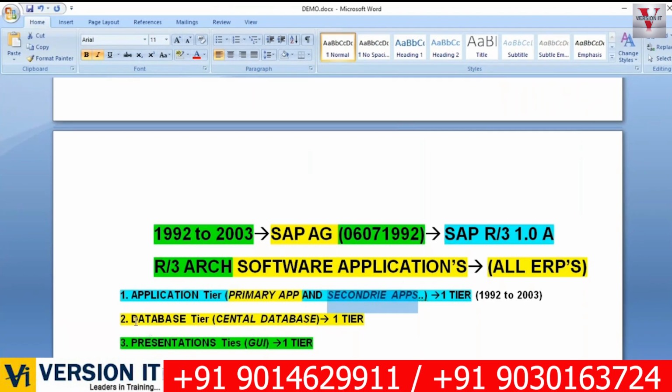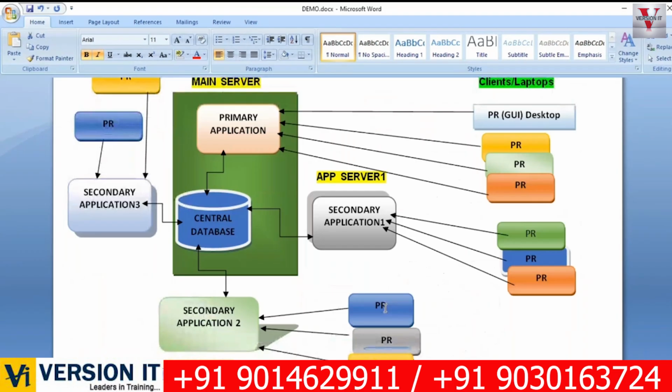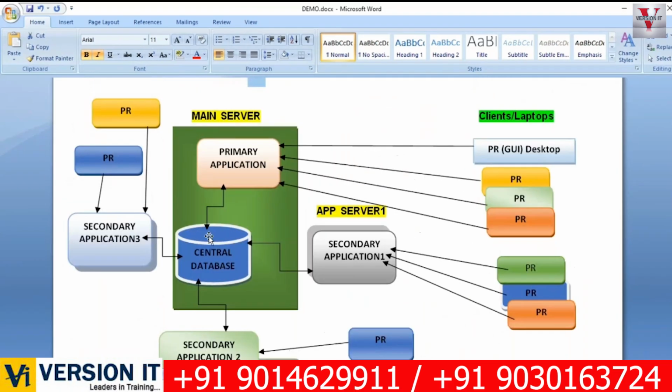It needs to have a central database, called the database tier, and it should have a presentation tier, which is called the GUI, meaning graphical user interface. You should have these three things in your software. And once you have these three things, how does the software look? It looks like this. What is this concept, guys?